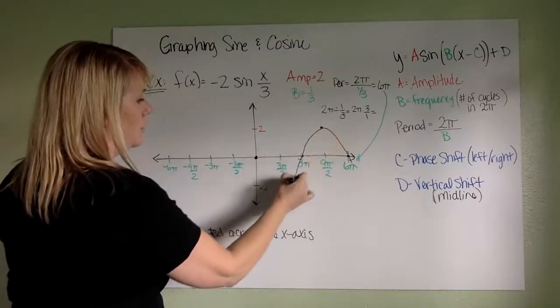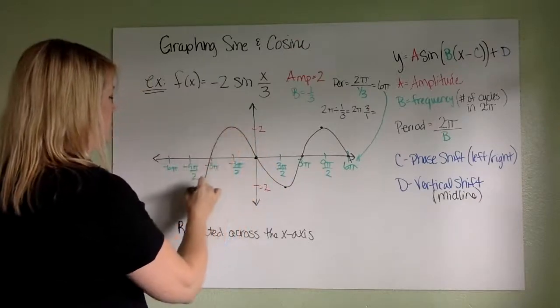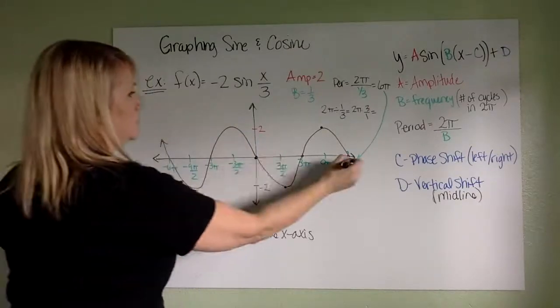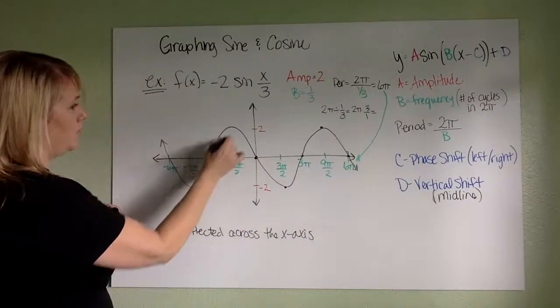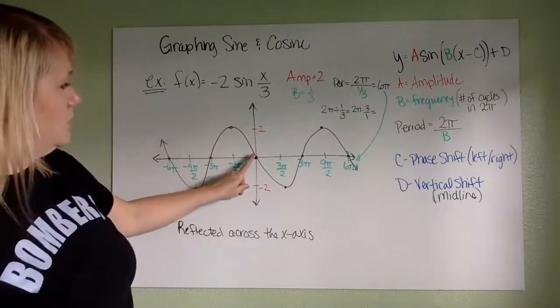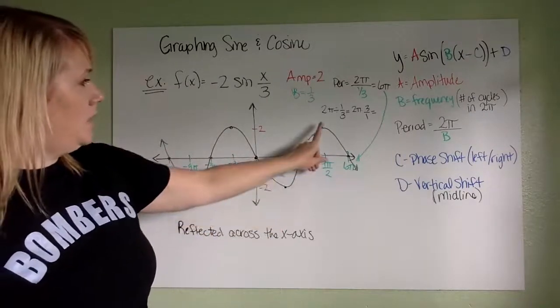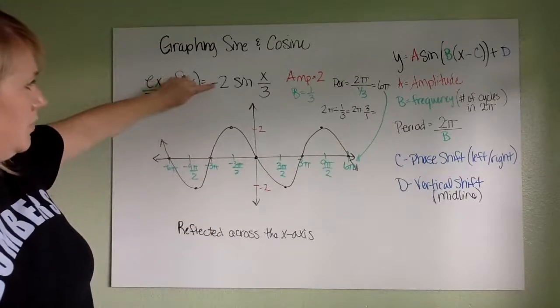So starting at the x-axis, we go to a minimum, a 0, a maximum, and then back to a 0 because of the negative in front.